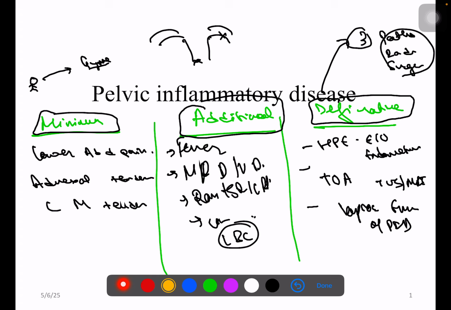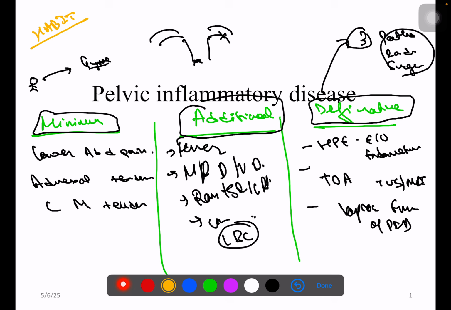Now how are you going to remember what bacteria cause this? You can remember by the mnemonic HABIT. If you have a habit of going for a pap smear, then it will really be helpful to you. So what does the pap smear say?